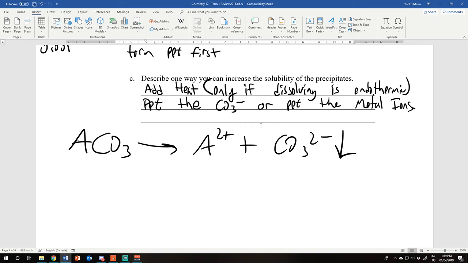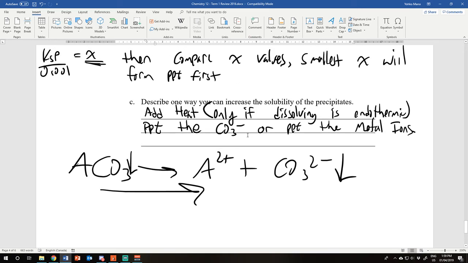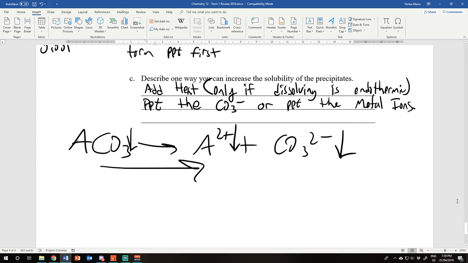If you cause this to decrease, then the reaction has to increase forward, which will then cause this to decrease. Okay, so there's really only one way to increase the solubility of the precipitates, and that's quite simply either precipitate this, or you can precipitate the metal ions out. Okay, admittedly this creates more low soluble compounds, but the question doesn't seem to care overly about that. Just how could you increase the solubility of this? Okay. All right, there you go.